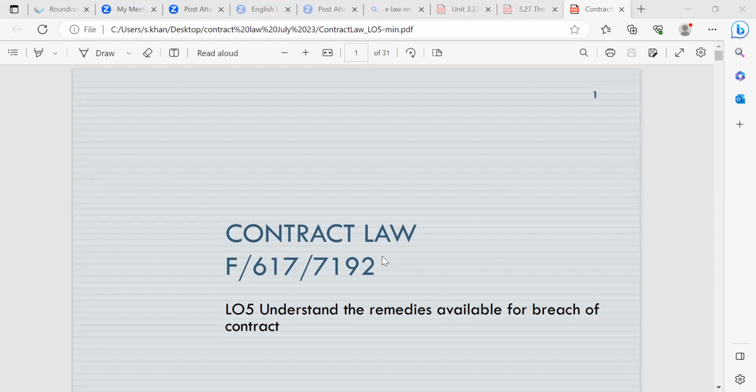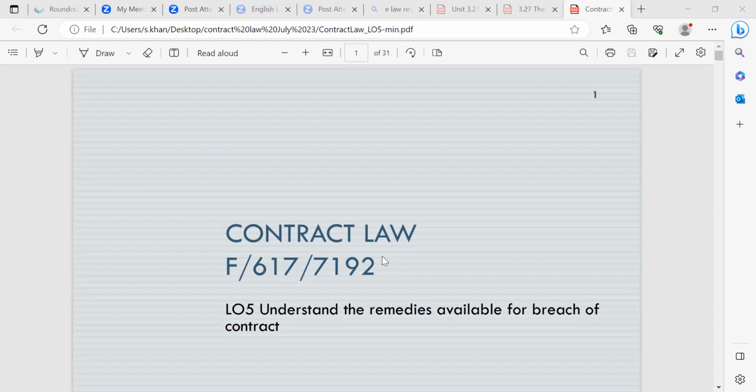We then went on to learning outcome 2, which was to understand the rules that govern the content of a contract. And then we looked at learning outcome 3, which was to understand the elements that affect the validity of a contract, things such as misrepresentation, mistake, with reference to case law.